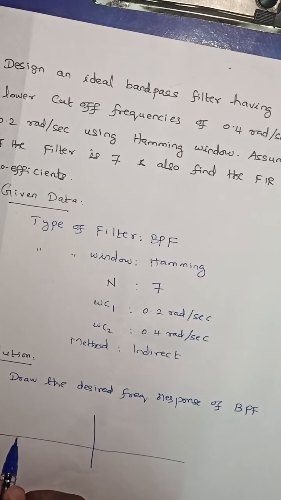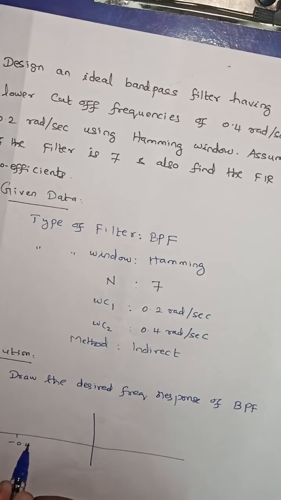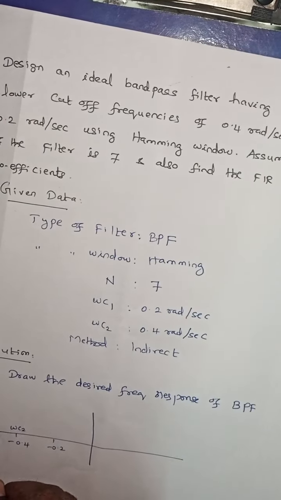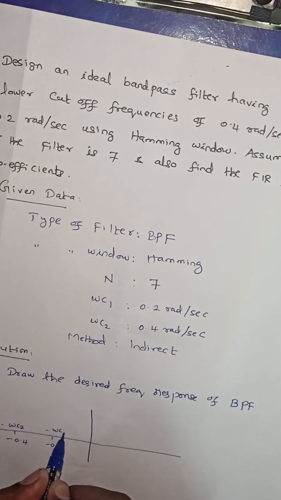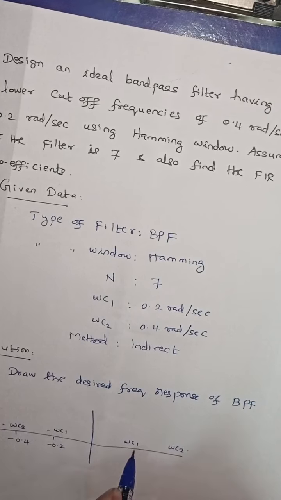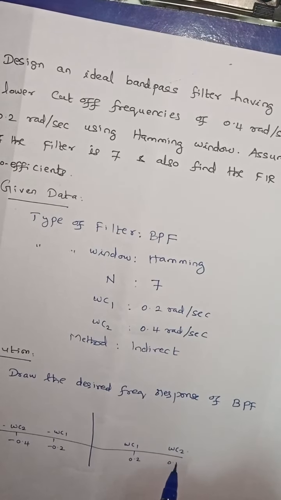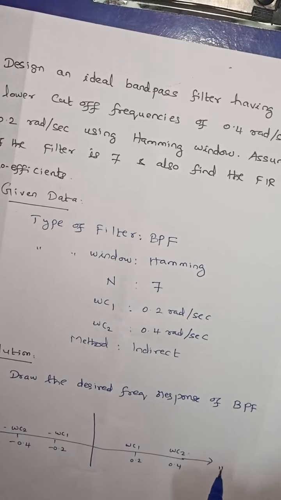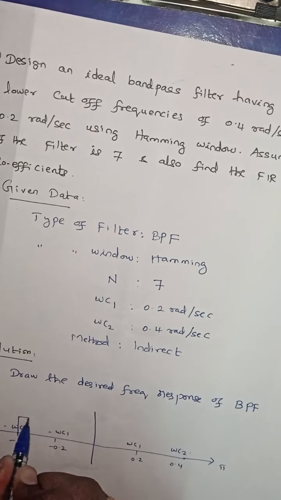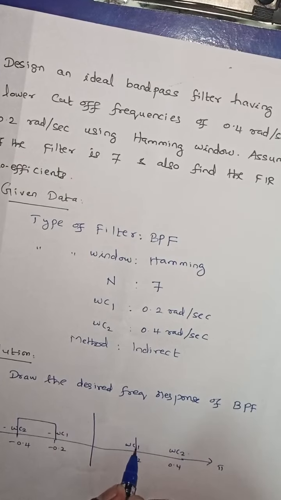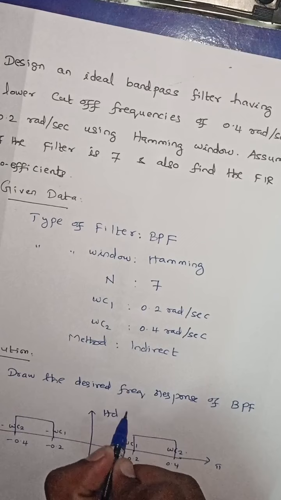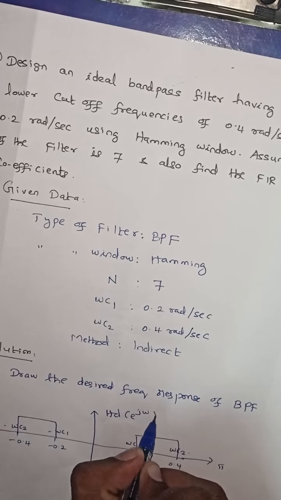Here this is minus 0.4, this is minus 0.2, that is minus omega c2 and minus omega c1, and plus omega c1, plus omega c2, so this is plus 0.2 and plus 0.4. It varies from minus pi to plus pi. Band pass filter means this band of frequency is allowed by the filter. So this is the desired frequency response of the band pass filter.